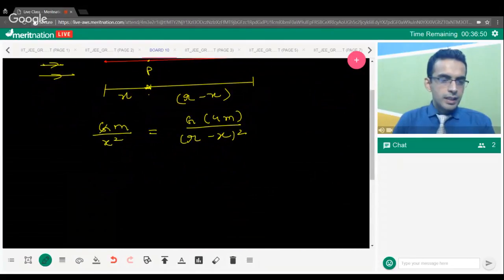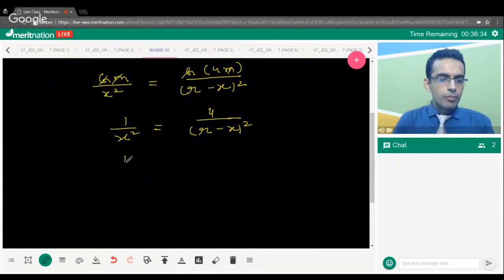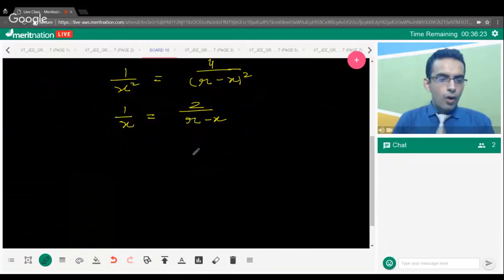Now G and G get cancelled, m and m get cancelled. So 1 by x square is equal to 4 by (r minus x) whole square, or 1 by x is equal to 2 by (r minus x), right? From here, students, if you find the value, you'll get x is equal to r by 3.